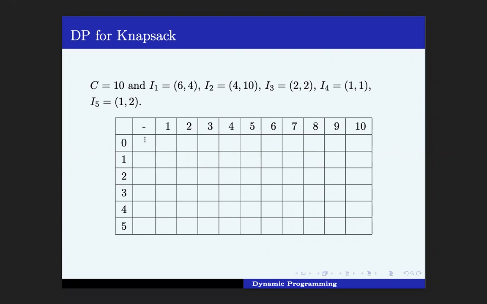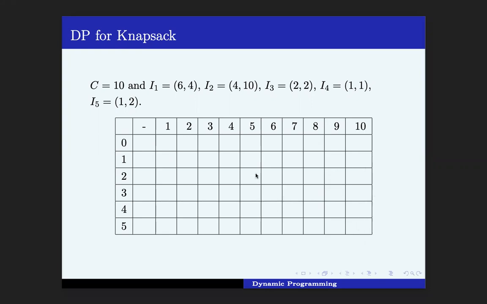And now, the other thing is that if you are here, you can store them also. This column also you can save. And then you can fill up this matrix from the top left to the bottom right, slowly, one by one, using the recurrence.